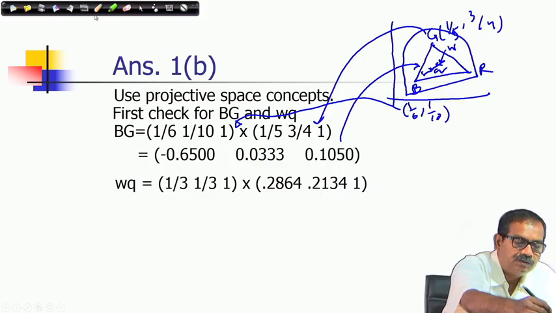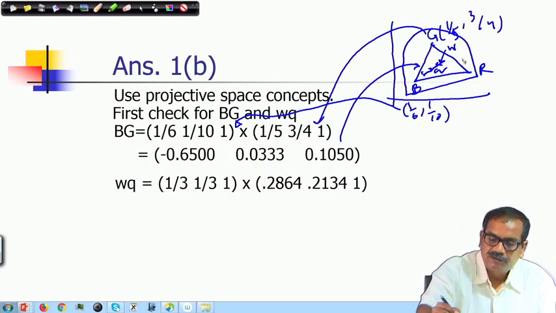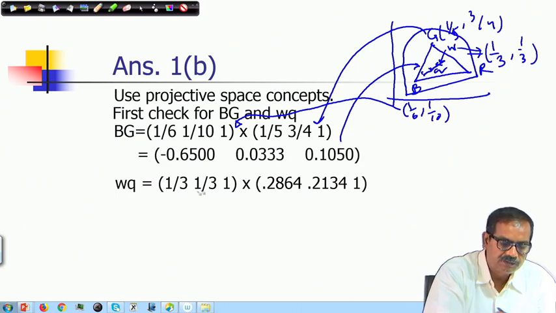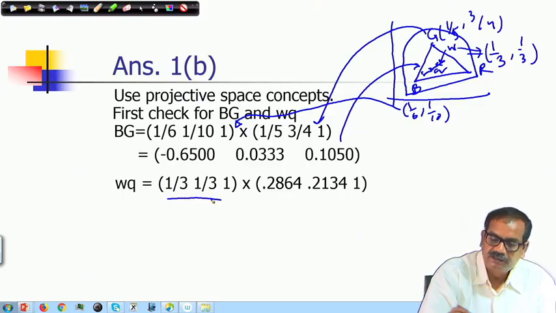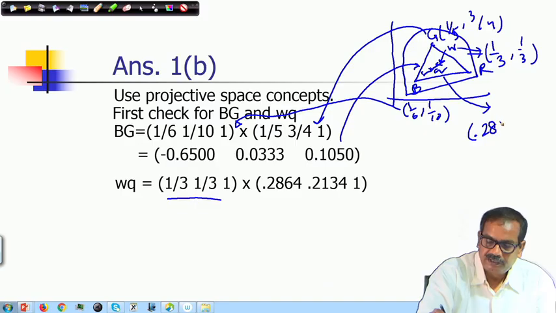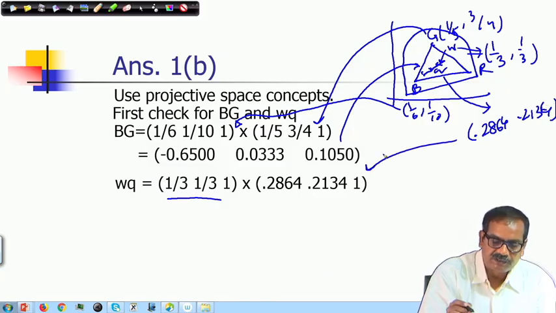So, this W is 1 by 3, 1 by 3. So, this is the homogeneous representation and Q is 0.2864, 0.2134 as we have computed earlier. So, this is the homogeneous representation.